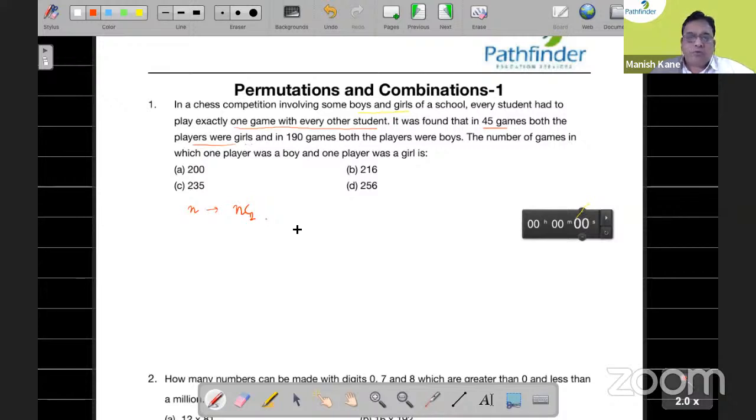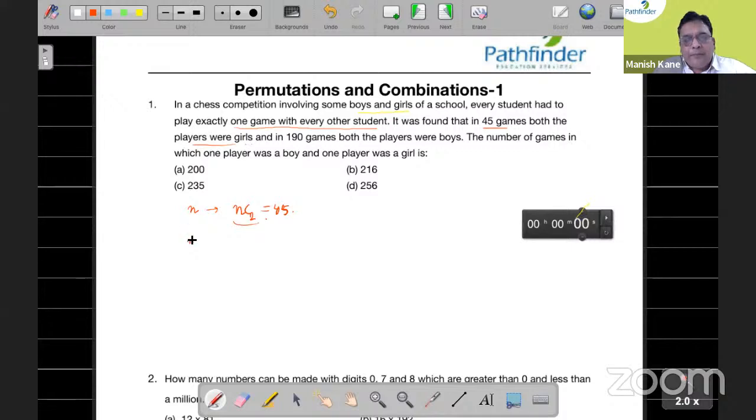N choose 2. And this is given to be equal to 45. How is this NC2? Because we have to make pairs of people, all possible pairs out of n girls. So all possible pairs of 2 girls out of n girls will be equal to NC2. That is why NC2 is equal to 45.